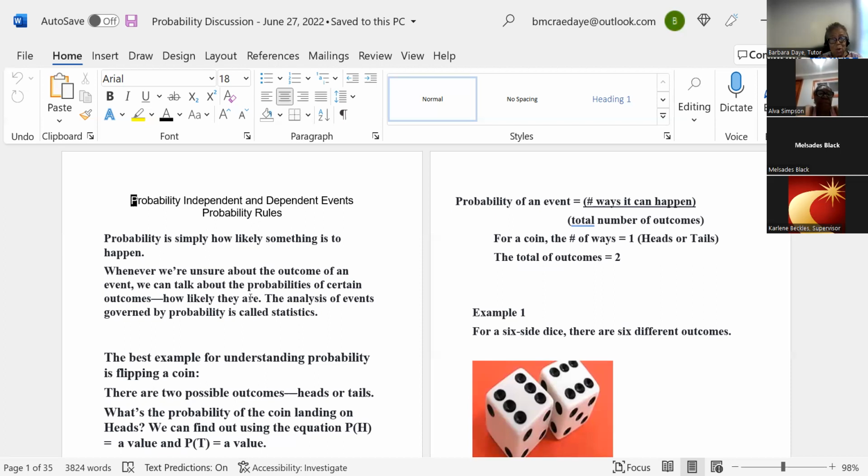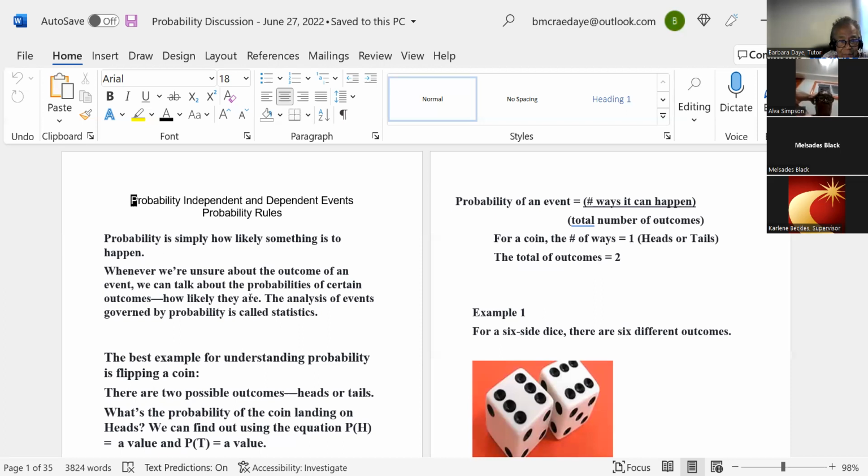So if you had to put this as a percent, Mercedes, what would be the percent probability of you getting a head when you flip a coin? What would be your percent chance of getting a head or a tail?